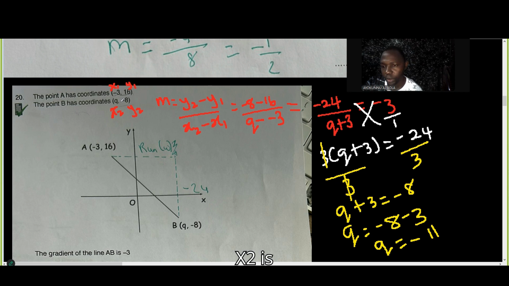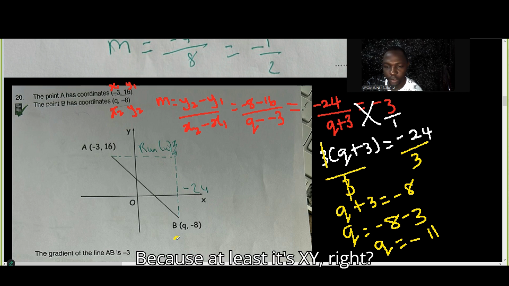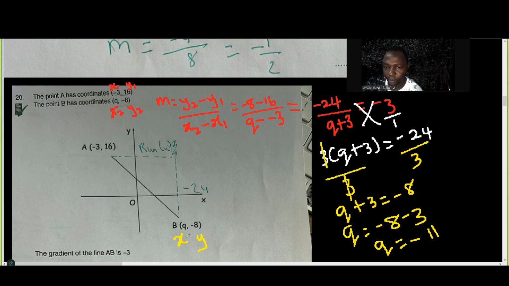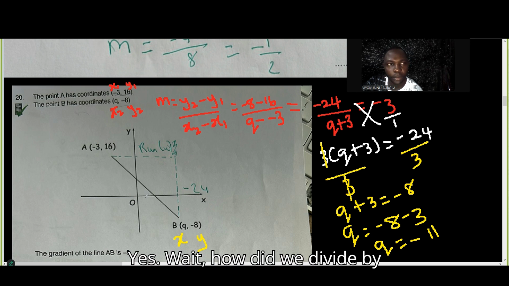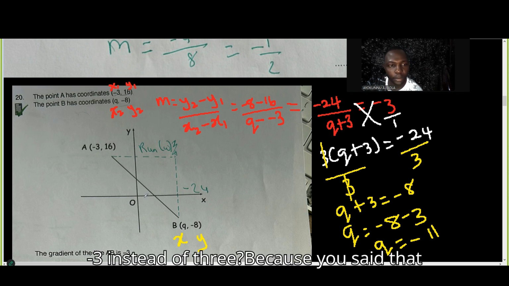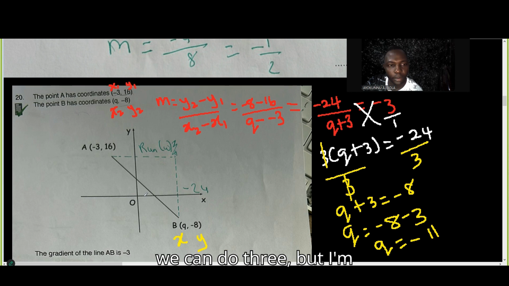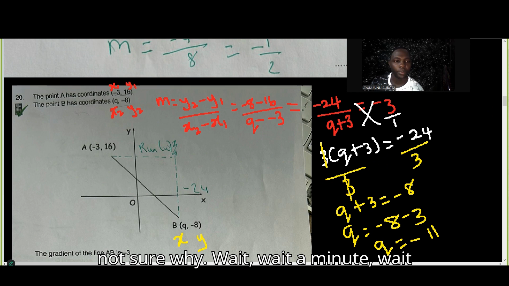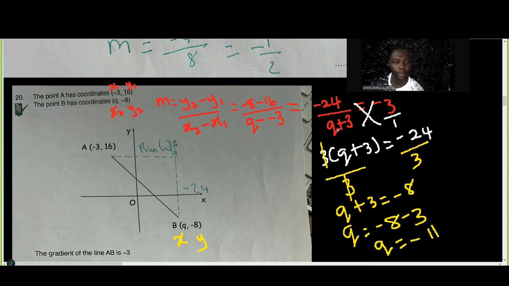X2 is Q. And did we divide by -3 instead of 3? Because you said that we can do 3, but I'm not sure why. Wait a minute.